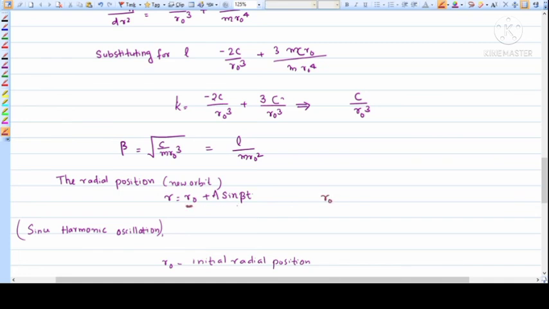That's why we put the r0 here, and this is the initial radial position.